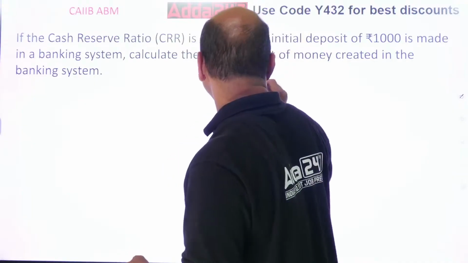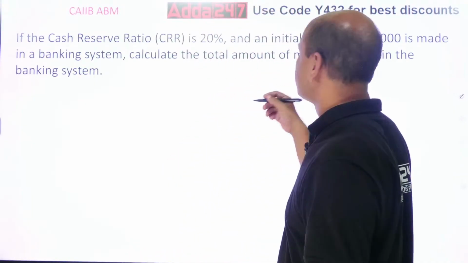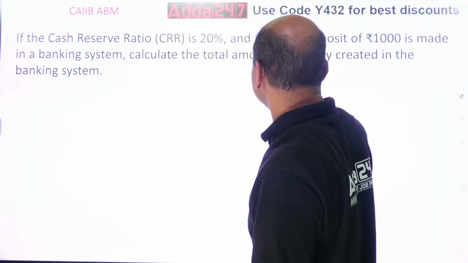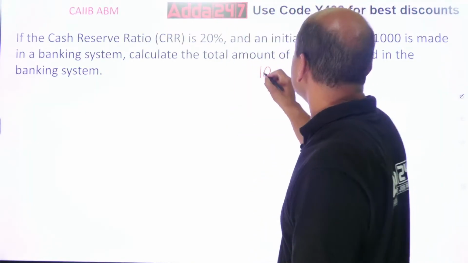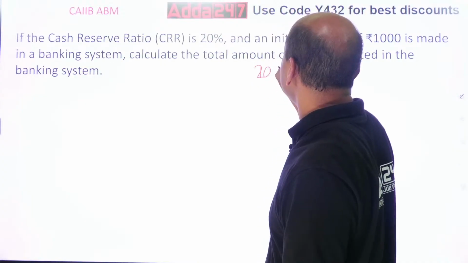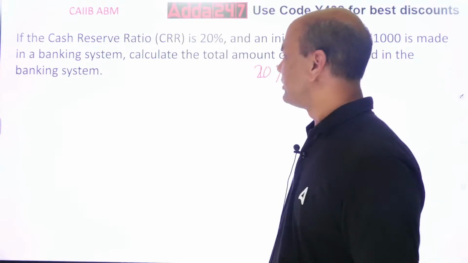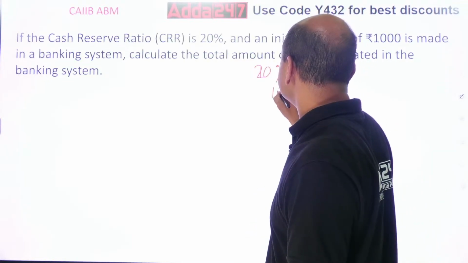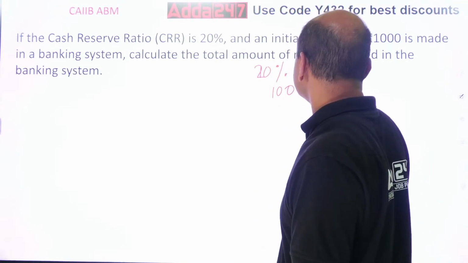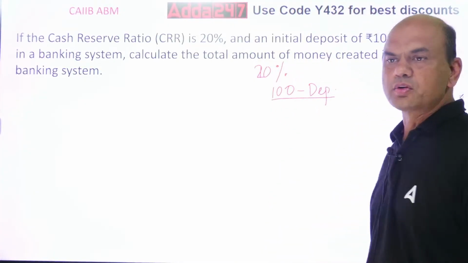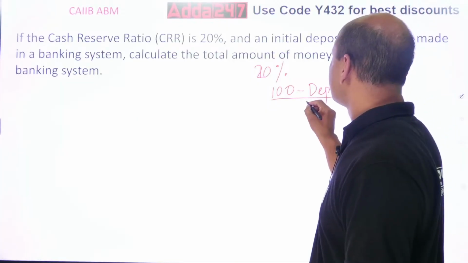Suppose I take a CRR of 20%. If my bank gets a deposit of 100 rupees, what does the bank do with that 100 rupees? Out of that 100, it bifurcates into two parts.